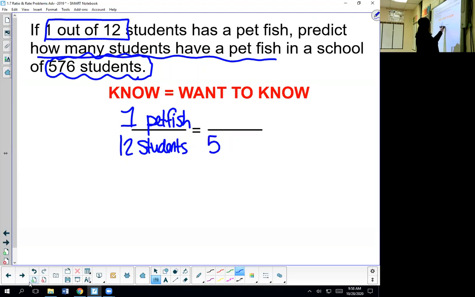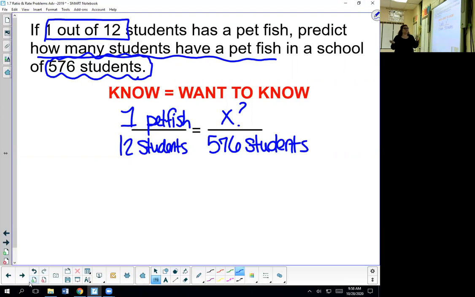So that would match up with this. Does it always go on the bottom, this number here? No, no, no, no. Sometimes it'll go on top. Match your words with your words. So I want to know how many kids have a pet fish. Predicting. So we're basically seeing if there's a pattern here.